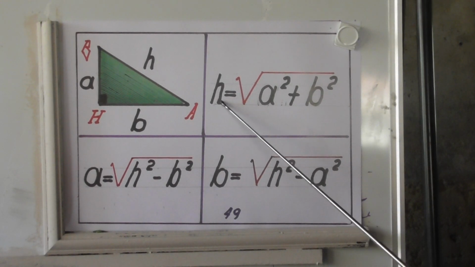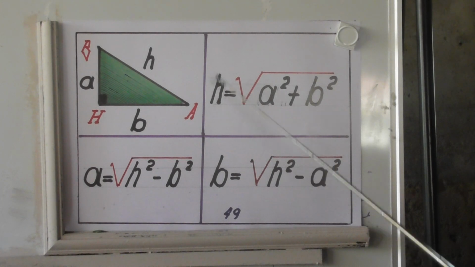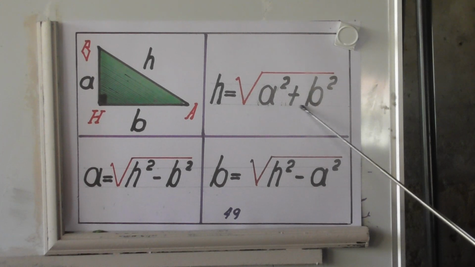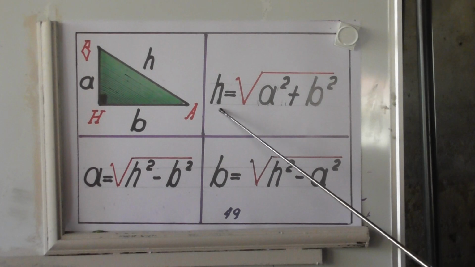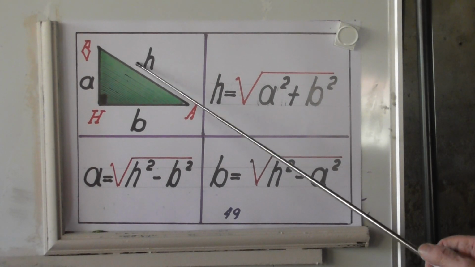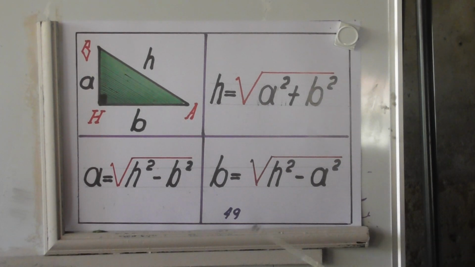This is the biggest one. So instead of h squared is a squared plus b squared, I straight away put it in the calculator. So this one is the square root of that square and that square. So when you start with h, you have the sum of these two.